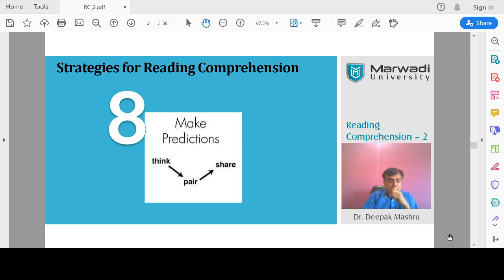Okay. So here, prediction means what? You need to guess things by looking at the sentence, thinking, okay, this would have been in the mind of the author, that's why he must have written like this. So you think, pair and share in that way. For example, there are kinds of questions such as: what is the central idea of the paragraph?